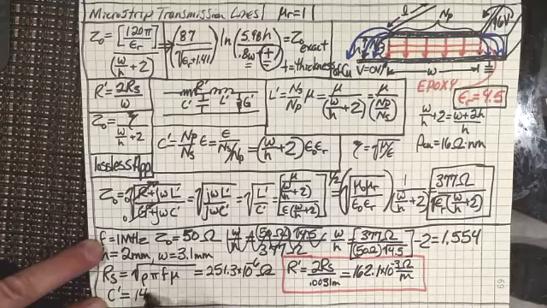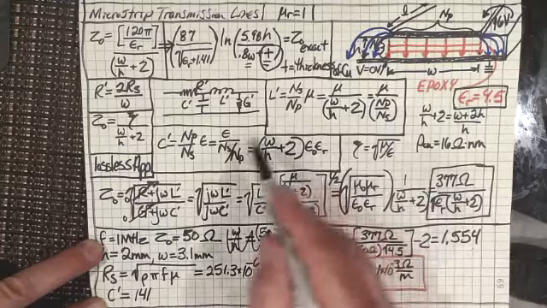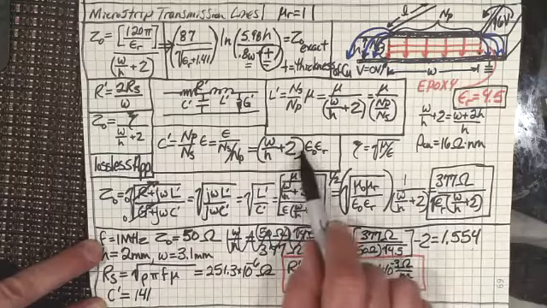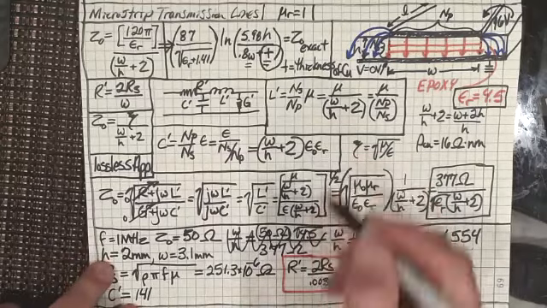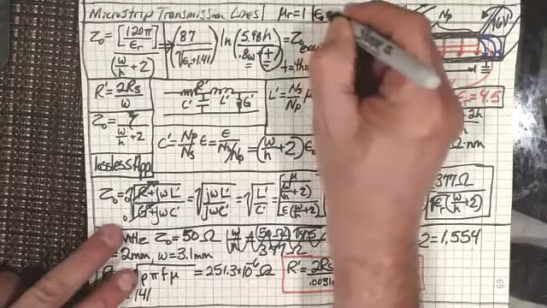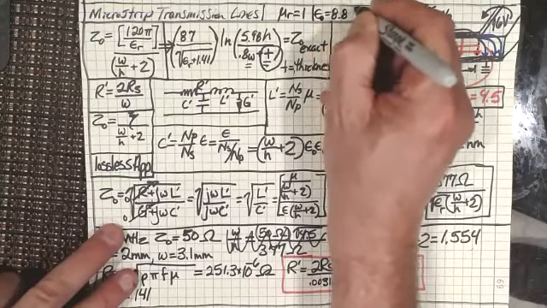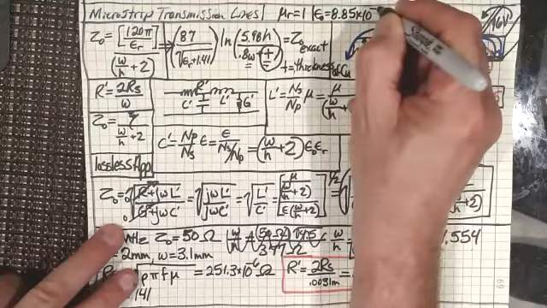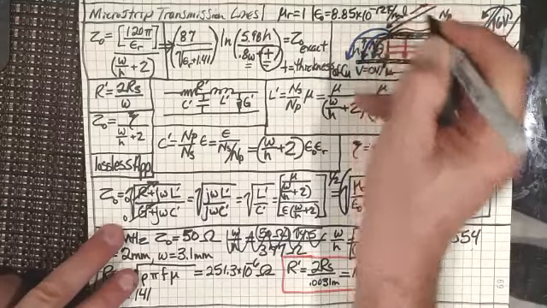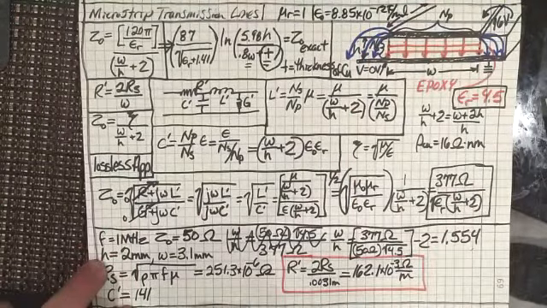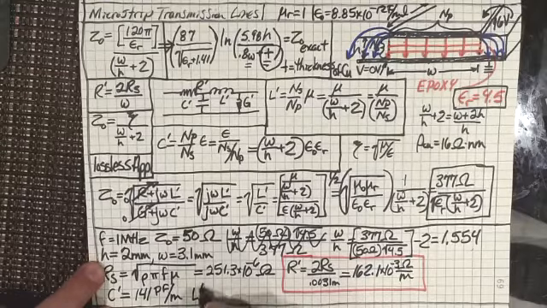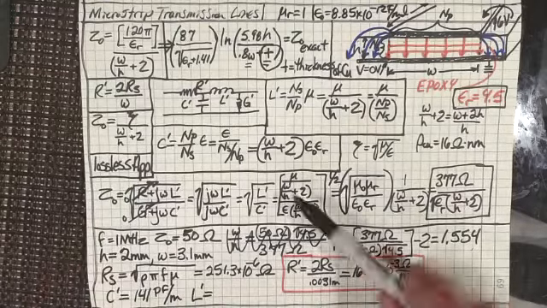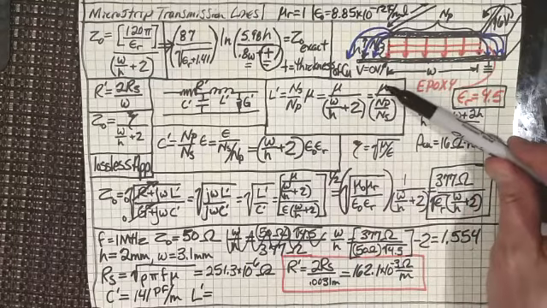I get C prime is 141. I will let you do the math here, right? I just did it sort of in my head for you. Remember, epsilon sub 0 is 8.85 times 10 to the minus 12 farads per meter. So when you put that all together, you get 141 picofarads per meter.